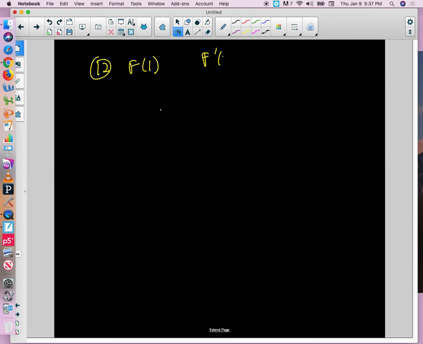You have f prime of x is equal to e to the negative x squared, and we know f of 0 is 2. I don't know if you knew this, but I can tell this is a calculator active problem. Even when we get really good at these, we're still not going to be able to do the antiderivative of that. So get out your calculator and go from 0, because it's given, to 1, because you're looking for it, of e to the negative x squared, which is f prime of x.